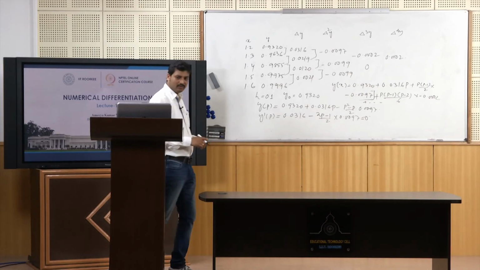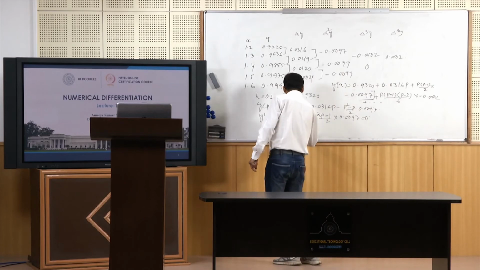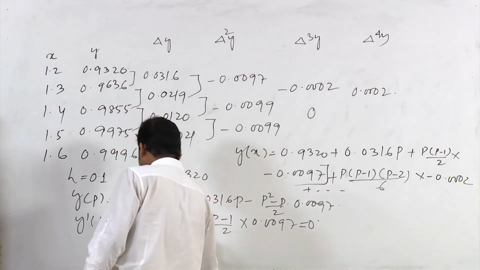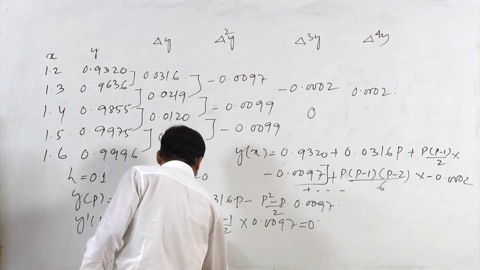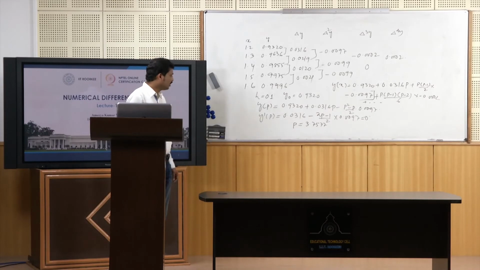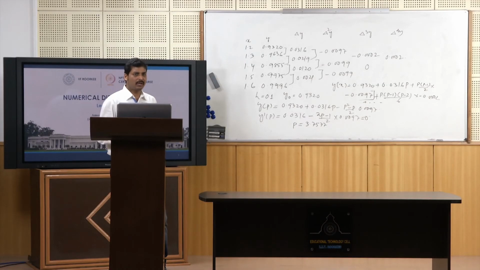And finally, if we solve here, p can be written as 3.7577. If you see here, p is giving you this value, then to find this maxima or minima at that point, we have to check d square y by dp square here.